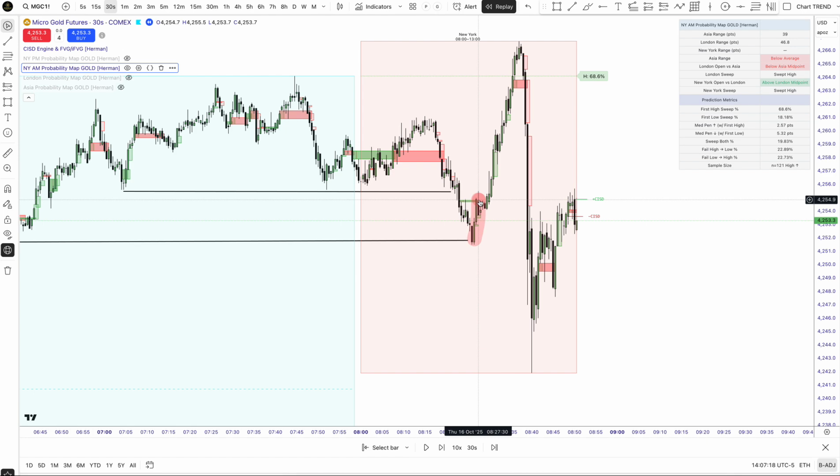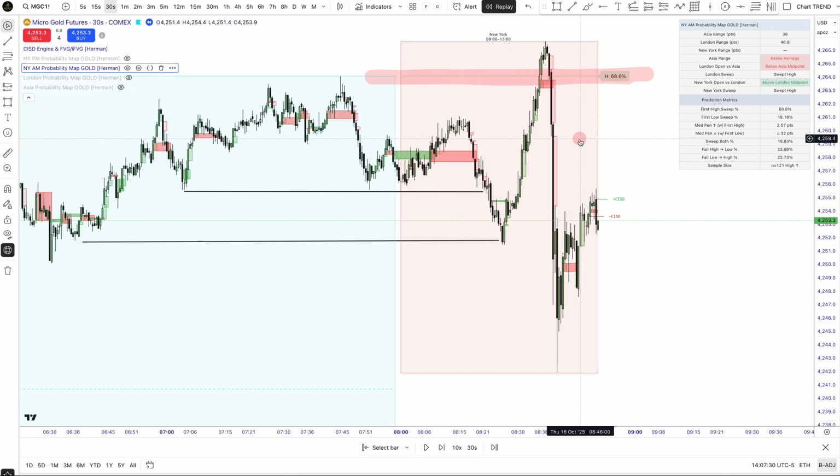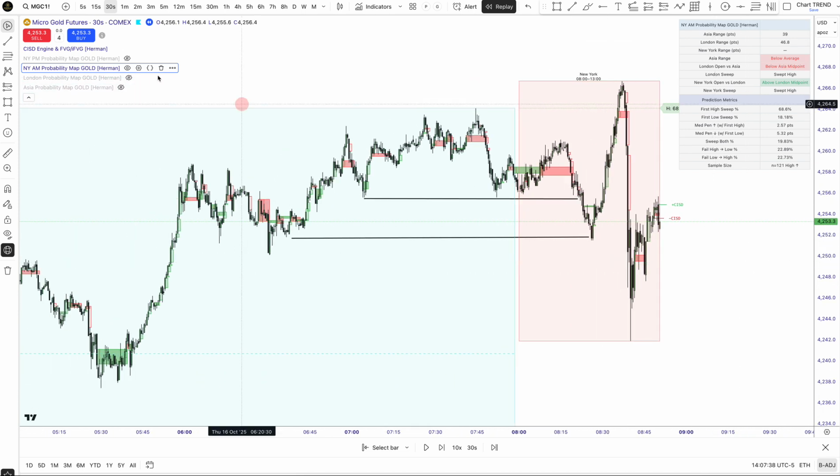So we closed above the order block in here. We created a bullish fair value gap. We inverted that fair value gap. That's more than enough for me to head into the more probable high that was pointed out by the indicator. So yeah, that's it. That's the Gold Probability Maps indicators.